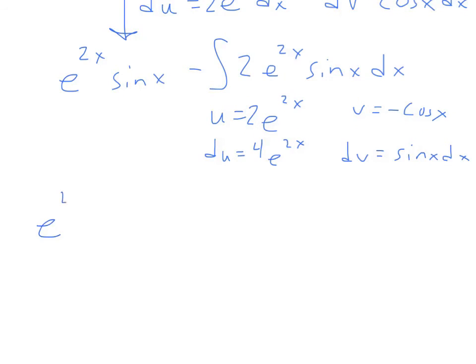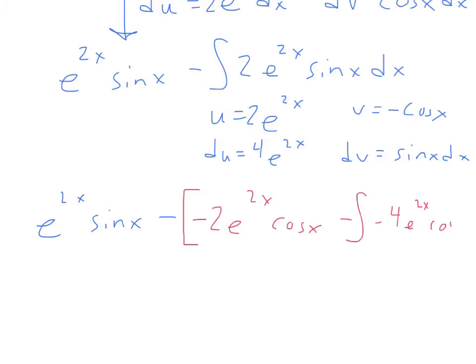So now we'll substitute that in. I have e to the 2x sine x minus, and then I'm going to put all this stuff in brackets here, right? Minus uv, negative 2e to the 2x cosine x, minus the integral of v du, which is negative 4e to the 2x cosine x dx.